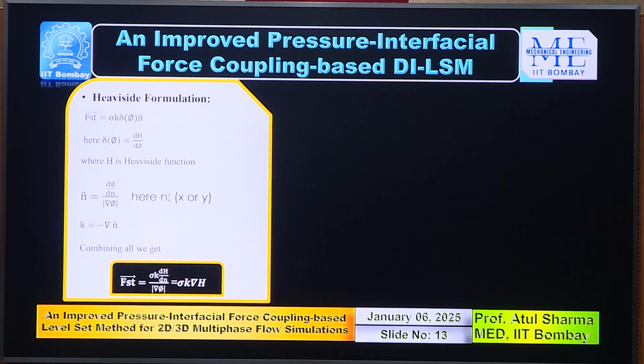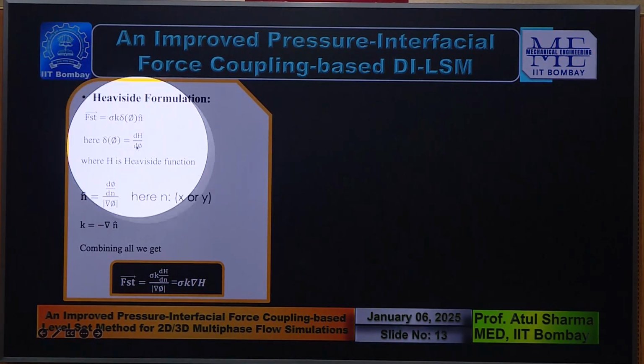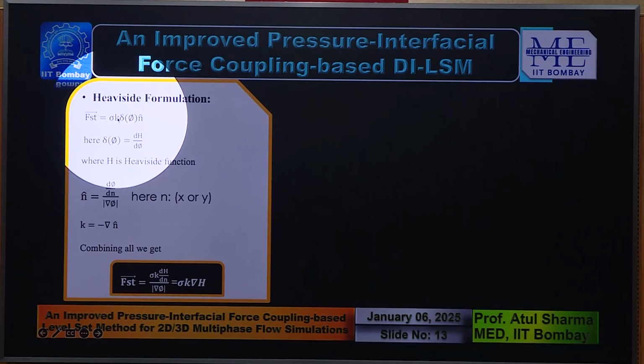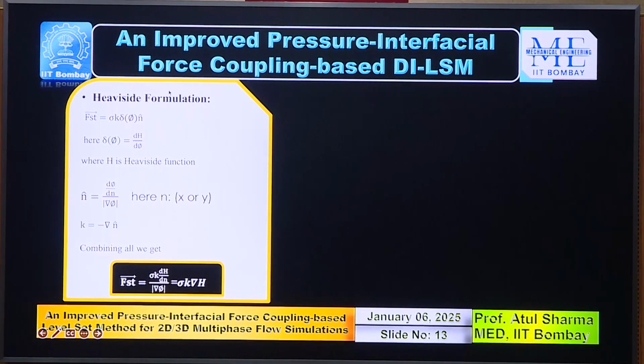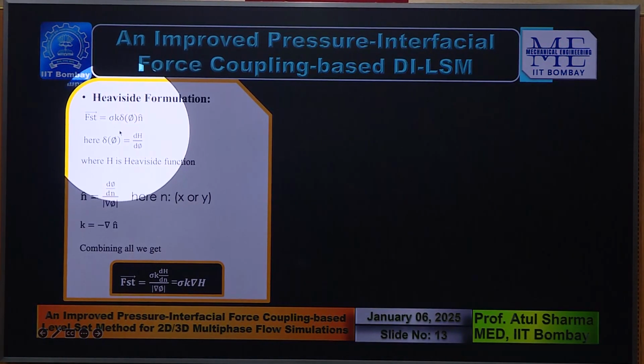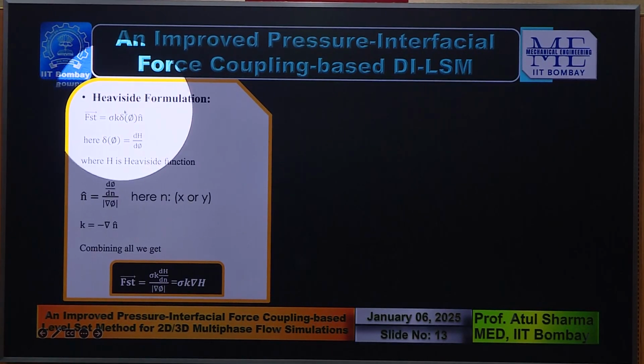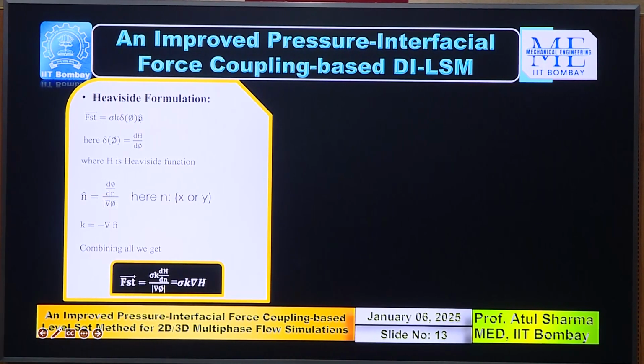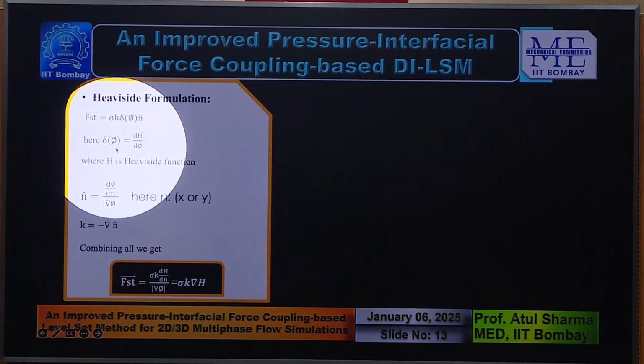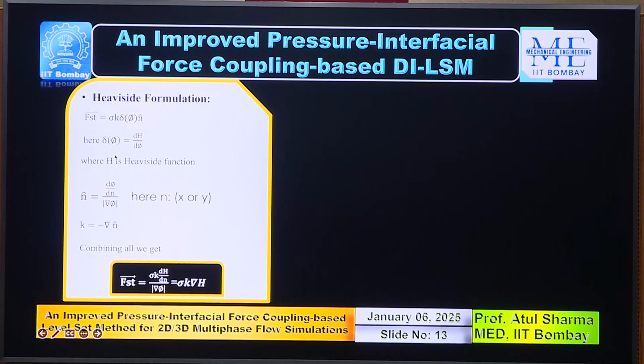So when you look at surface tension as a volumetric force, it's expressed as shown here: the product of sigma, which is force per unit length, curvature kappa, whose unit is 1 by length squared, so sigma into kappa makes it force per unit volume, a direct delta function, and the normal to the interface. For the level set method, this direct delta function is expressed as the gradient of the Heaviside function with respect to the level set function.